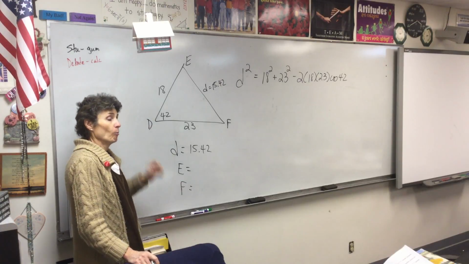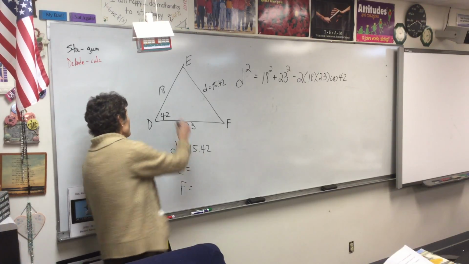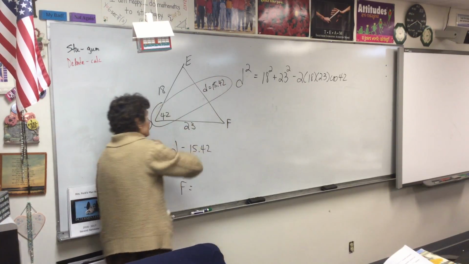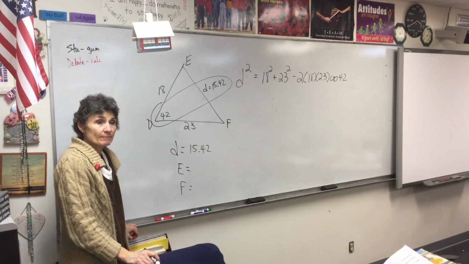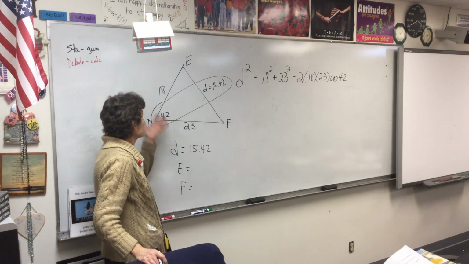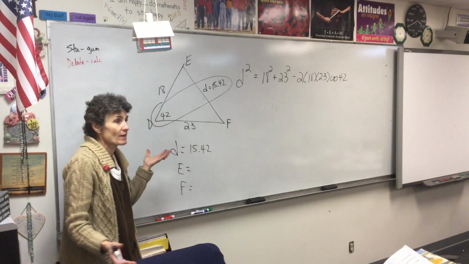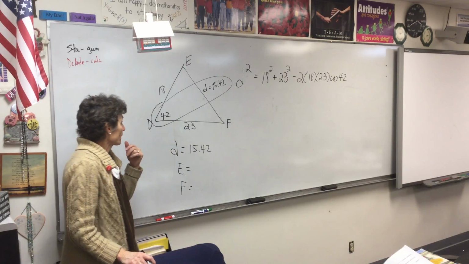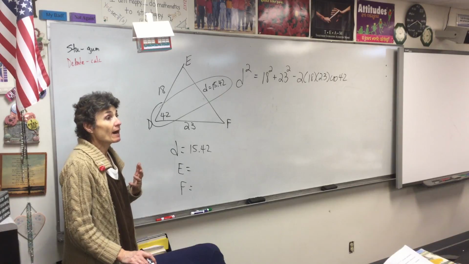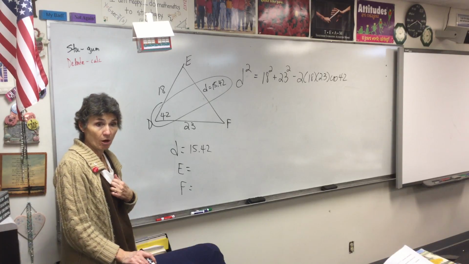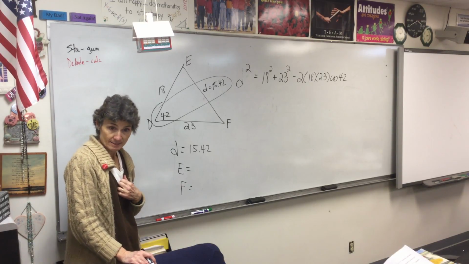All right, now, boys and girls, what do we now have? Now we have a set. So to find the next thing, whatever that is, let's say angle F, to find angle F, now we will do the law of sines.